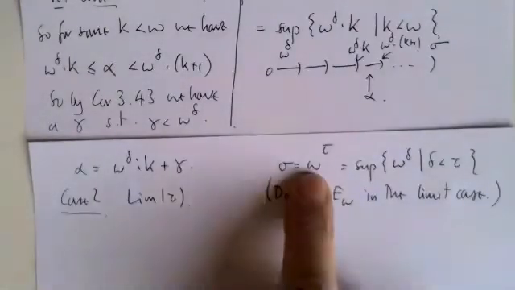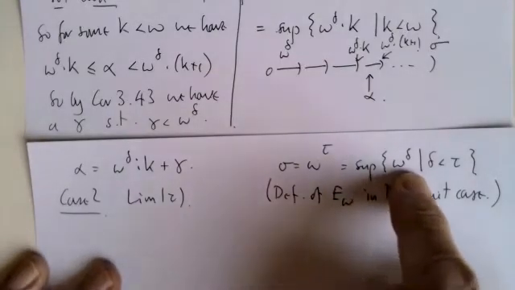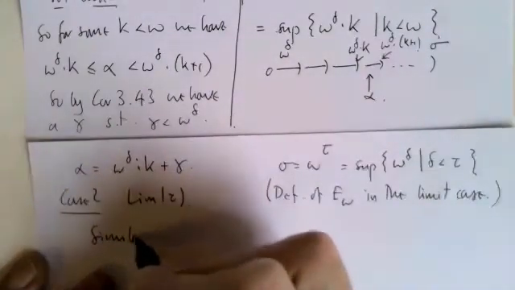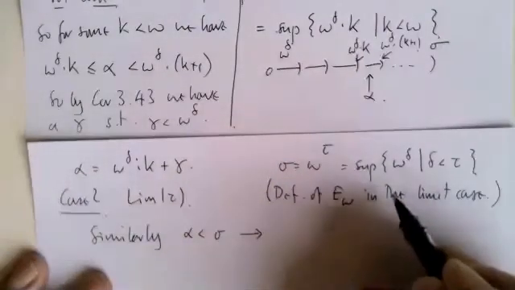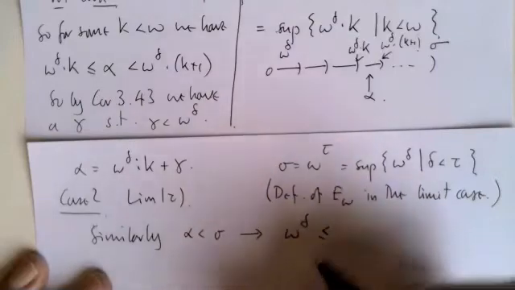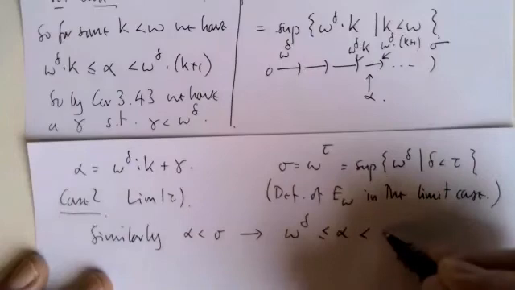But now alpha is less than this, so alpha is going to have to be less than one of these omega to the power delta guys here. So it's just similar to before. If alpha is less than sigma, then what I've got is omega to the power delta is less than or equal to alpha, but it's less than the next one here.